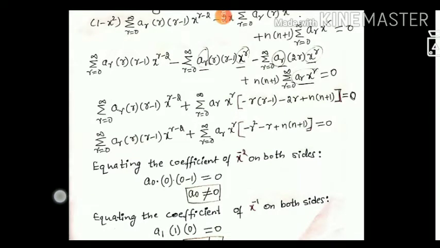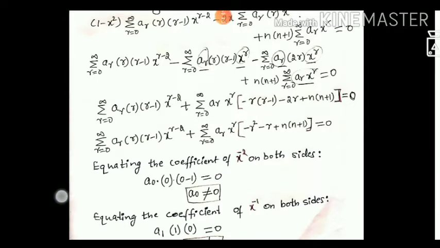For the next three expressions we take summation r from 0 to infinity ar x power r common. And what remains here? Minus r into r minus 1, here minus 2r, here n into n plus 1, taken inside the bracket and equal to 0. Next step we will simplify the bracket.